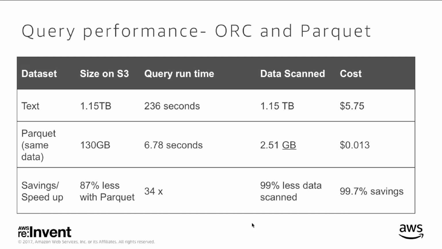So to go from 1.15 terabytes of data to 130 gigabytes, there are significant cost savings on S3, but also from a query perspective, it takes much, much less time to query, and we're scanning a lot less data because we can be much more intelligent about which columns we need and what bytes we want to grab out of that file instead of scanning the entire thing. So they went from paying $5 for that first query to paying a fraction of that for Parquet. So there are significant savings from an S3 storage perspective, data scan perspective, and also the total cost of the query.